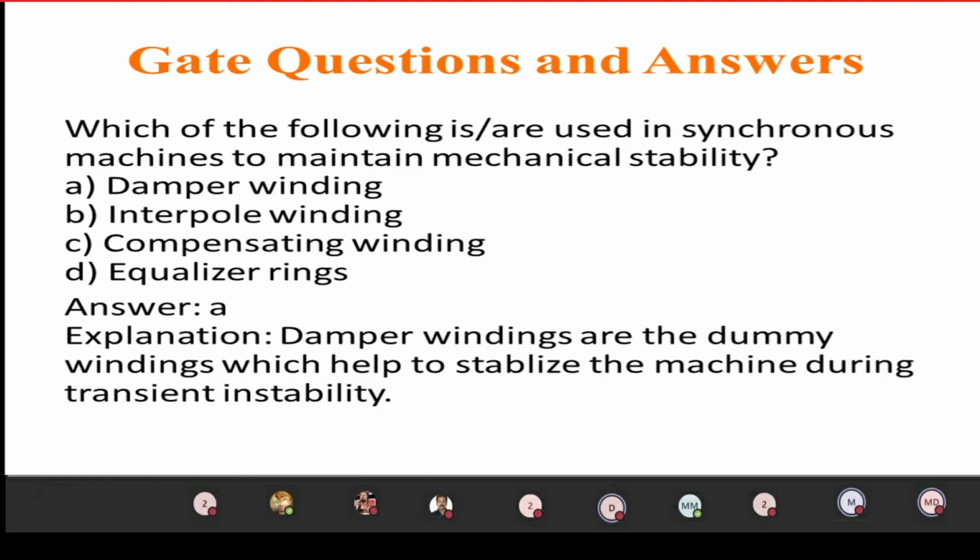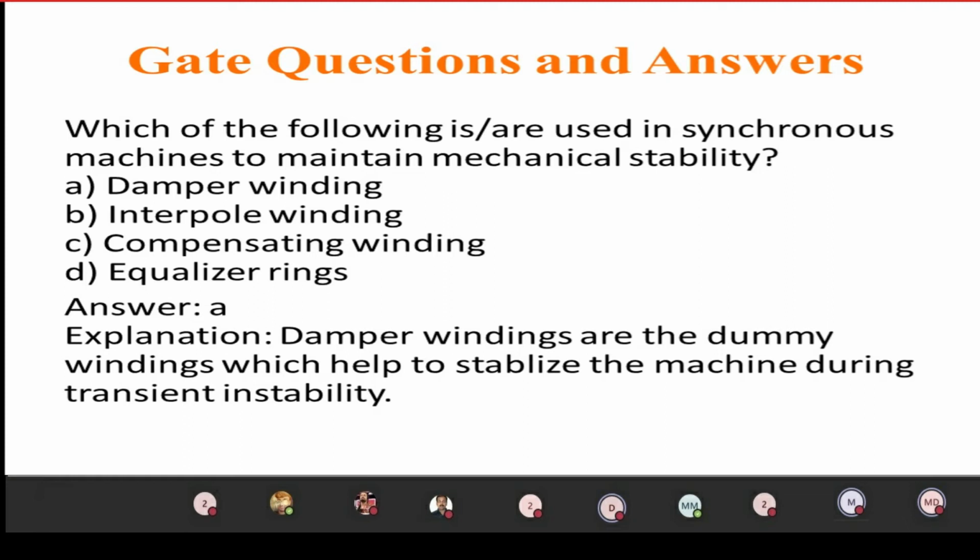When you connect an additional load suddenly, it causes a sudden change in the mechanical side, because it suddenly absorbs mechanical power from the synchronous machine.